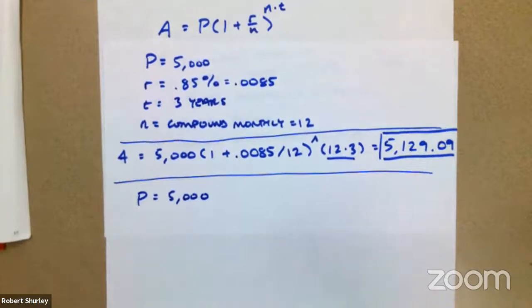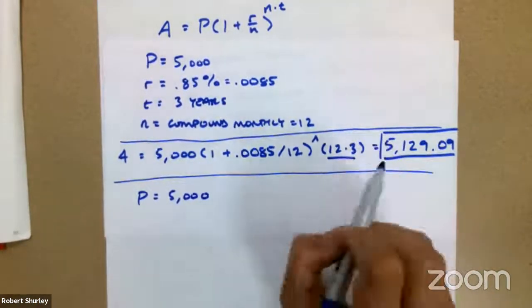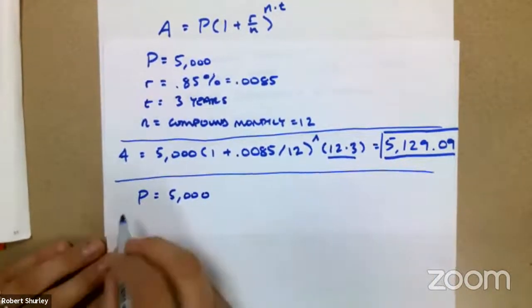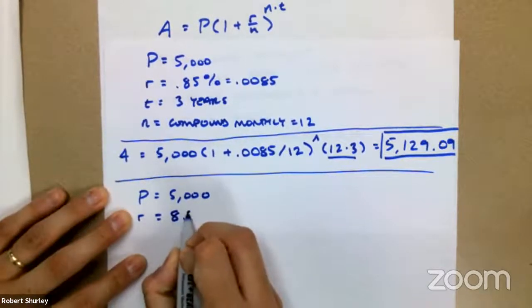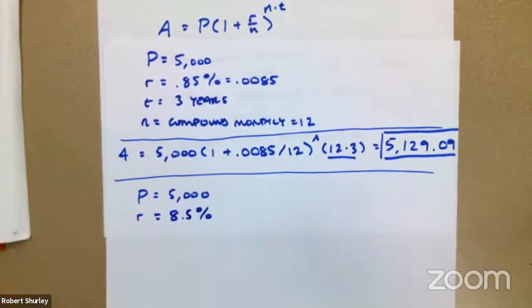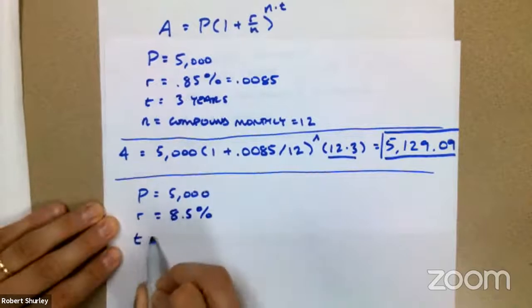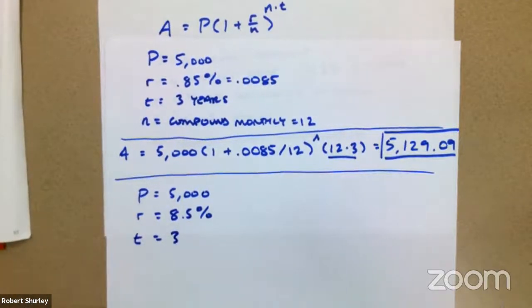We're shopping around with this 5,000 because we think this is pretty bad. And another person says, you know what? If I invest this well, I can get you 8.5%. Okay, and you're like, okay, that's a lot better than 0.85%, right? I can get you 8.5%, and let's leave it in 3 years just to see what'll happen with 8.5 compared to 0.85.